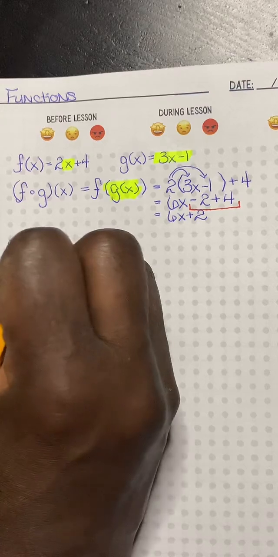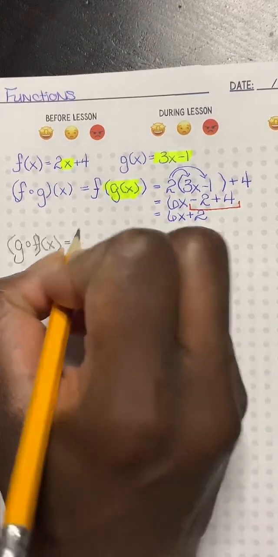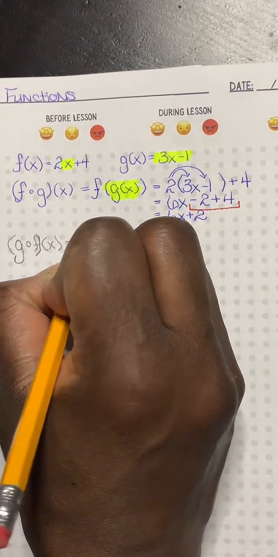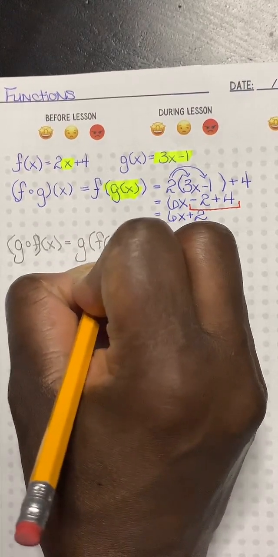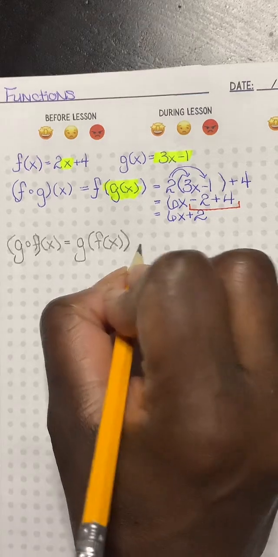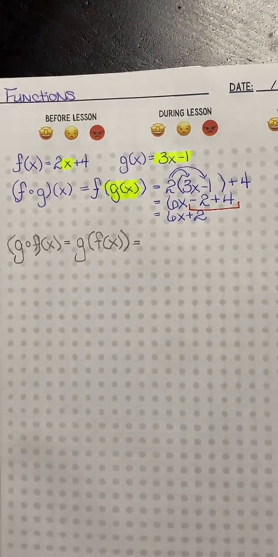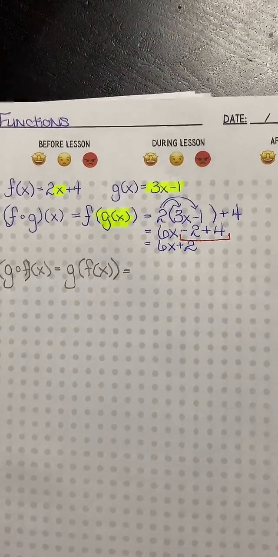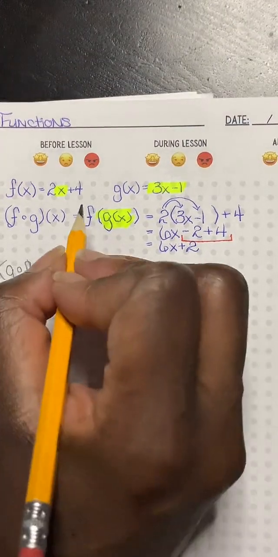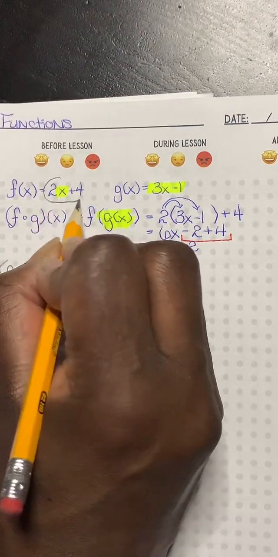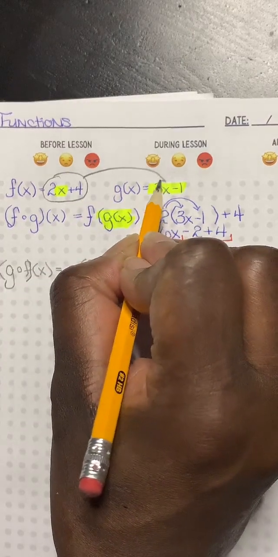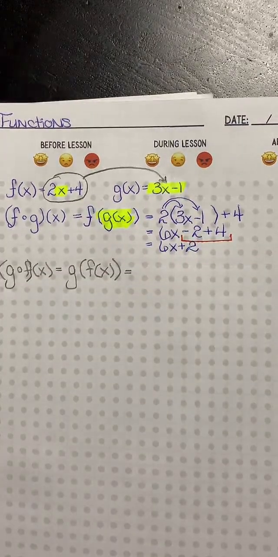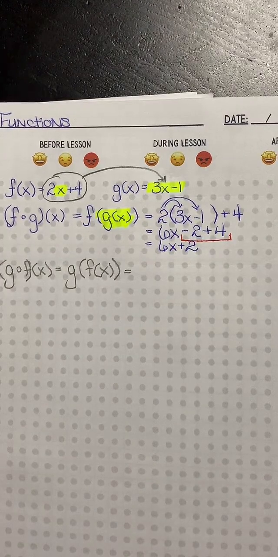So this is telling me that I'm taking my f function and it's going in place of the x in my g function. So that means this expression is going in for the x in my g expression.